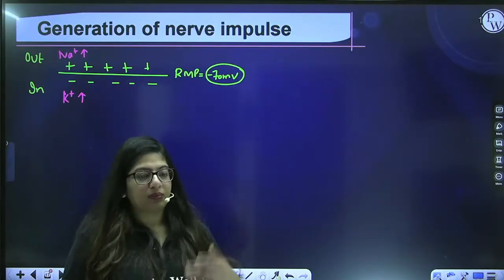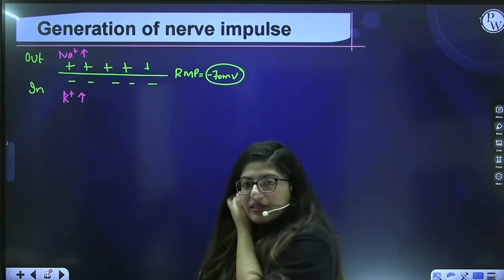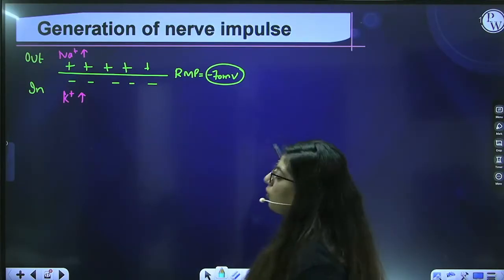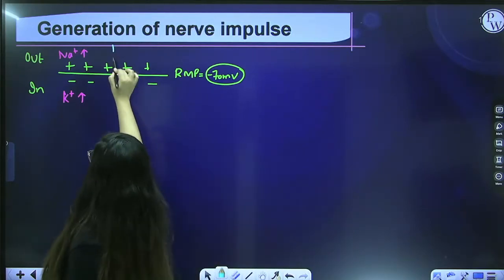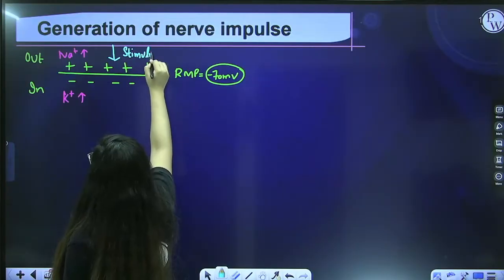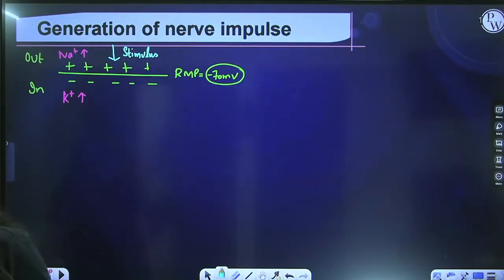Okay, now moving further. How is this electrical impulse generated? First of all, there is always a stimulus that arises. How do the neurons respond?